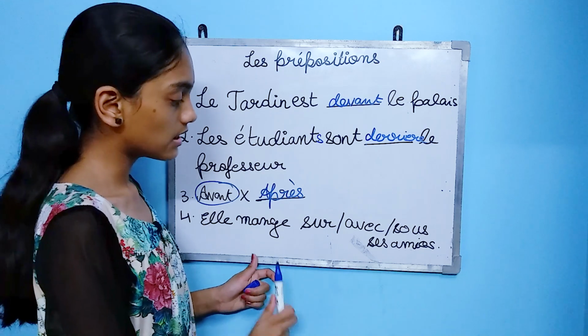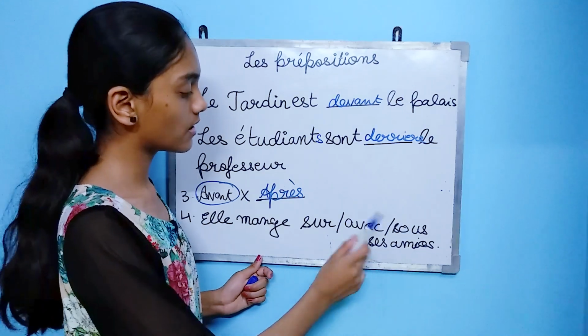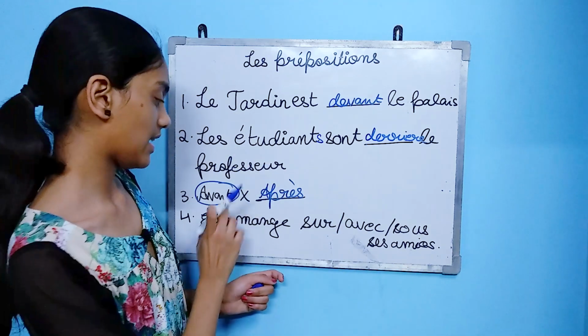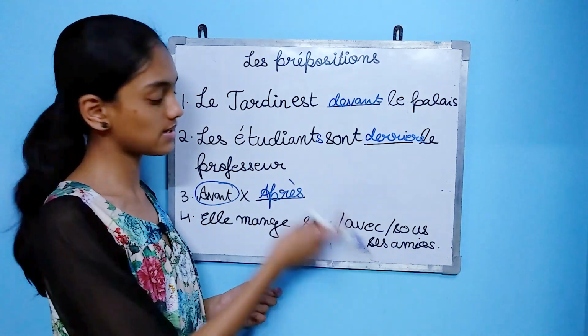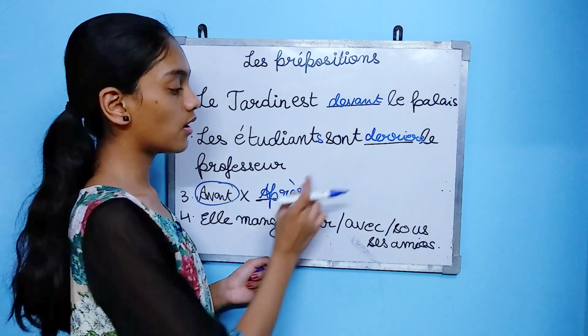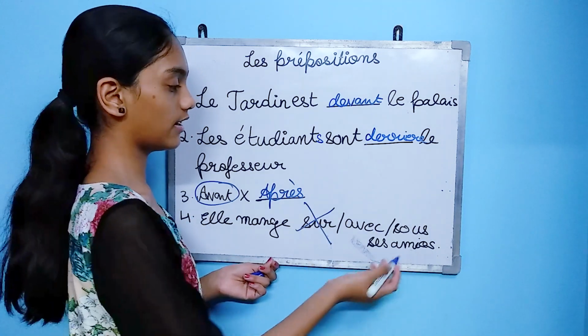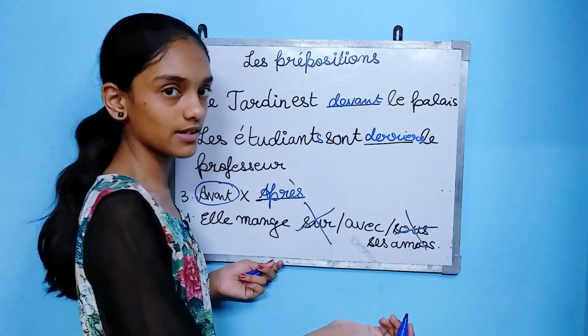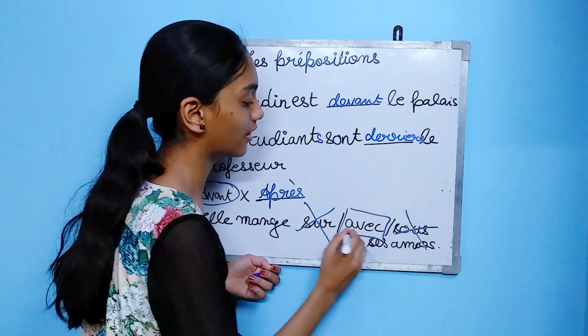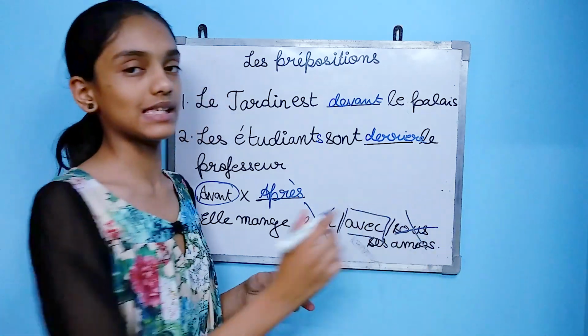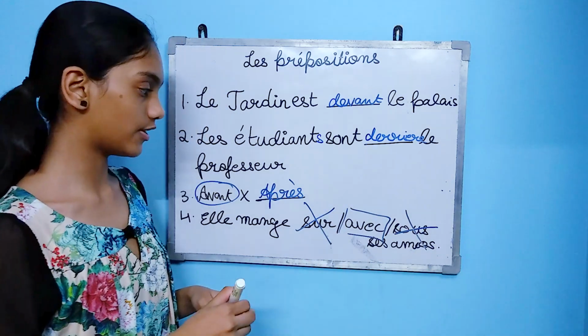Elle mangeait sur ses amis, avec ses amis, or sous ses amis. She eats on her friends, with her friends, or under her friends. Of course, she cannot eat on her friends or under her friends, but she can eat with her friends. So, elle mangeait avec ses amis. That would be the answer.